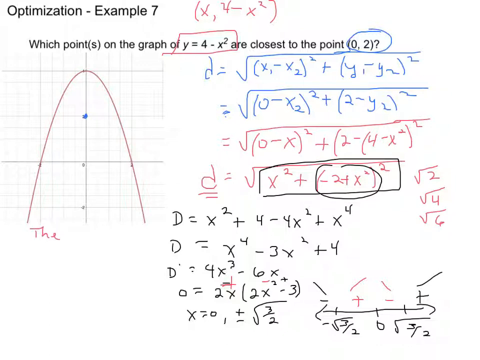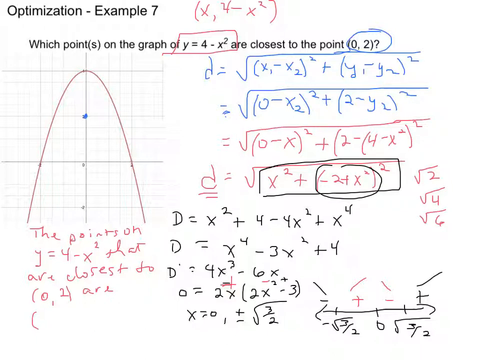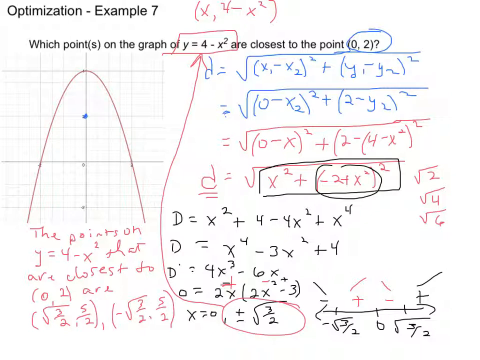So you would write your sentence: the points on the graph of y equals 4 minus x squared that are closest to (0, 2) are (square root of 3 over 2, 5 halves) and (negative square root of 3 over 2, 5 halves). And just in case you're unsure, I got the 5 halves by plugging the plus or minus square root of 3 over 2 back into the original function, because I'm looking for the points that are on that graph.